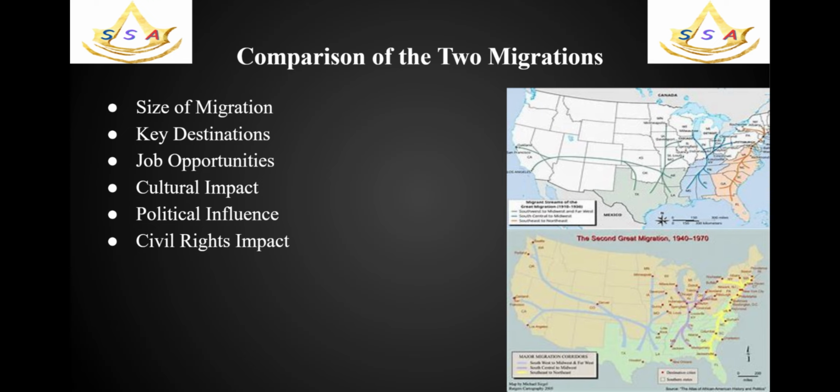The urban centers became hotbeds of activism and organization, setting the stage for the mass movements of the 1950s and 1960s. The migration created a critical mass of politically conscious African Americans who would go on to lead civil rights struggles.